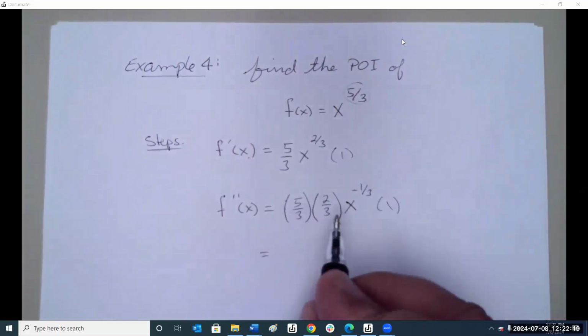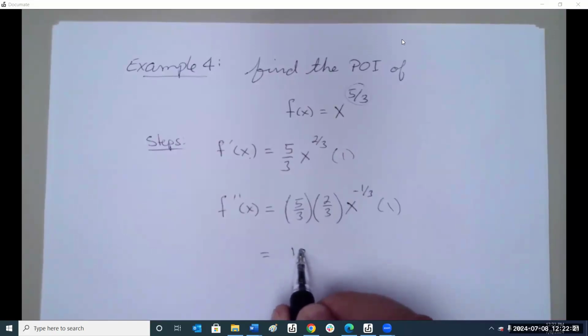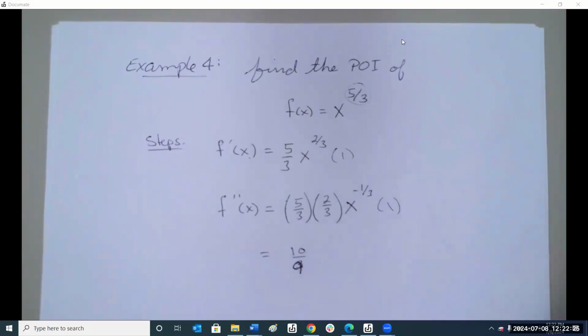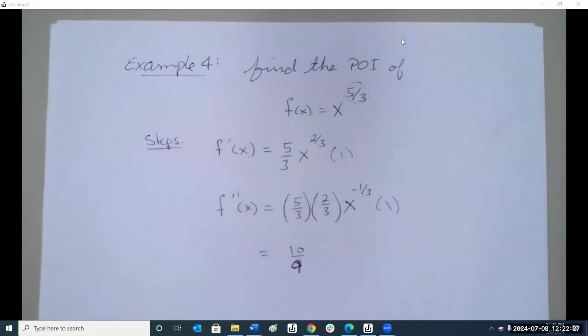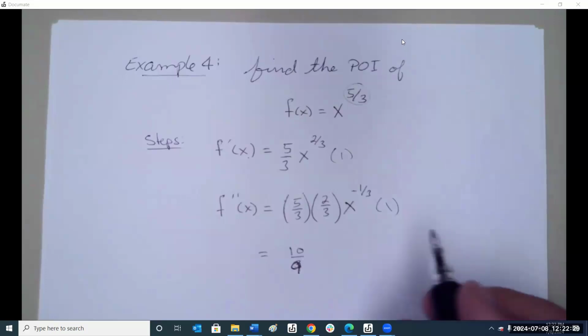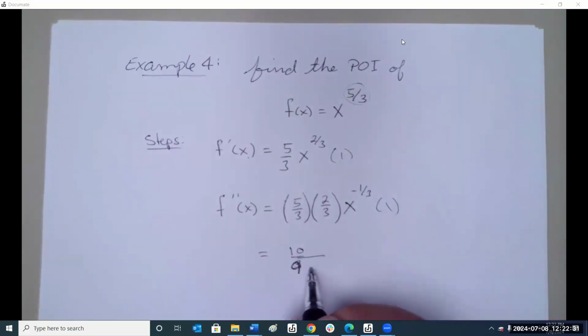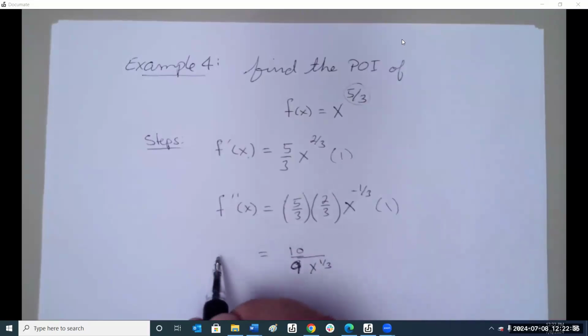Which gives us 10 over 9 x to the power 1/3.